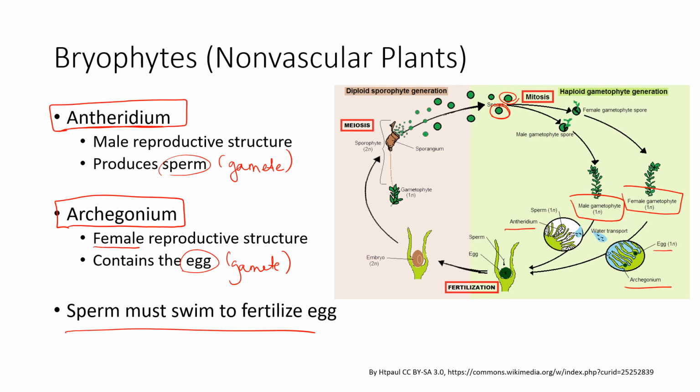So you see here a sperm swimming to fertilize that egg. Once the egg is fertilized, we have one copy from the sperm, one copy from the egg, and now we have a diploid embryo, two copies. So this has crossed into the sporophyte generation because it's diploid.